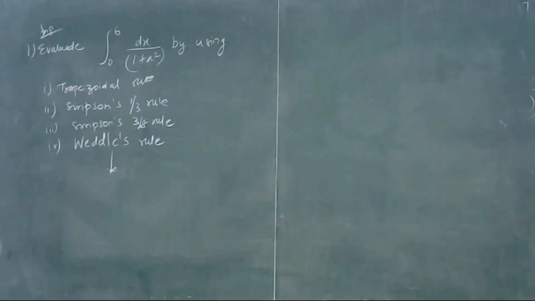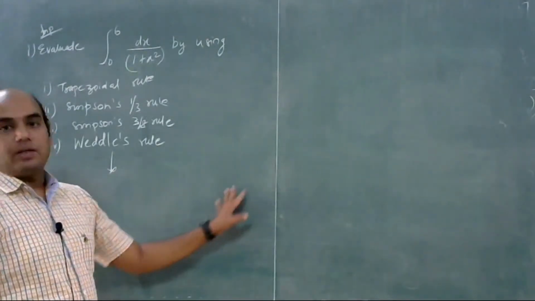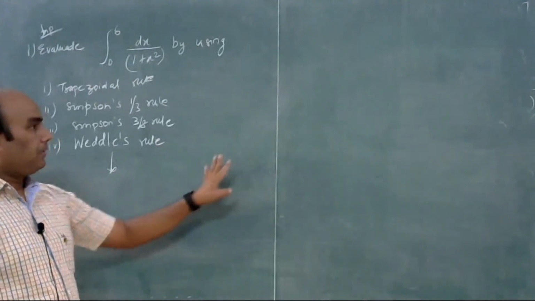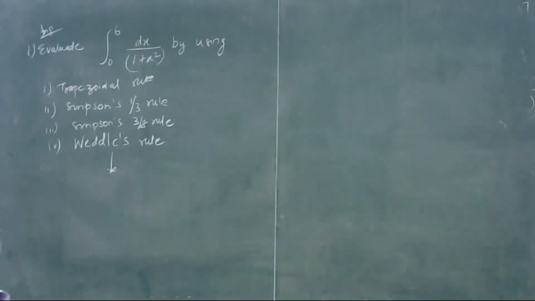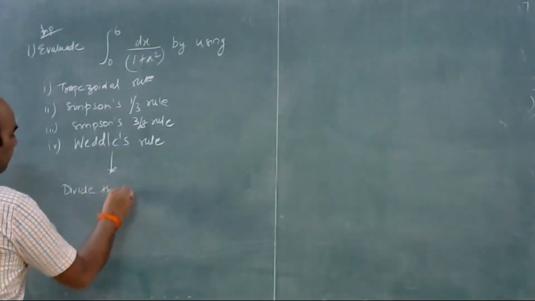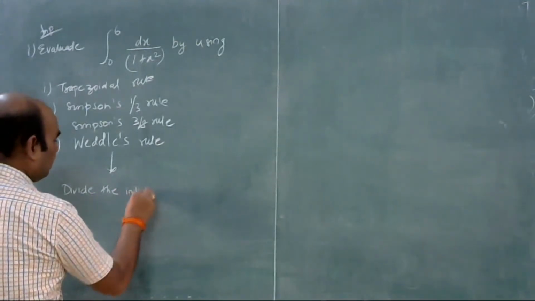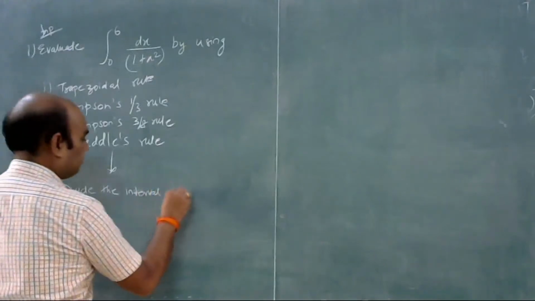Here there is no need to prepare a difference table. First we have to find y1, y2, y3. So divide the interval into 6 parts.